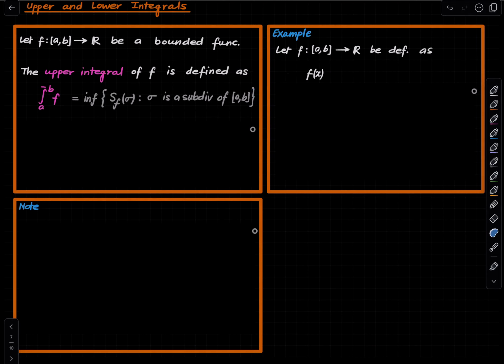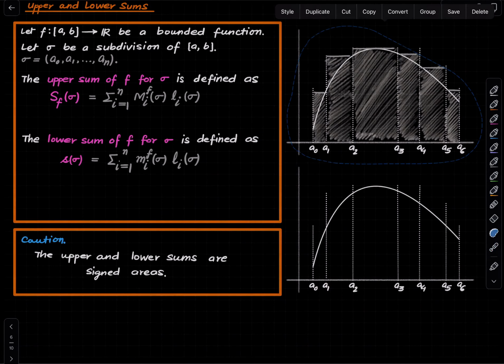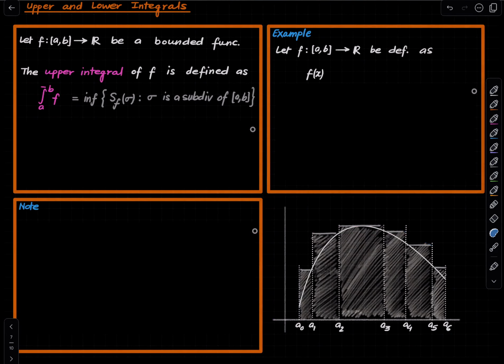So what are we trying to capture? Any upper sum, you can think of it as an overestimate of the area under the curve, right? Let me copy the picture from the previous slide. Once you choose a subdivision and record the upper sum, you have overestimated the area under the curve.